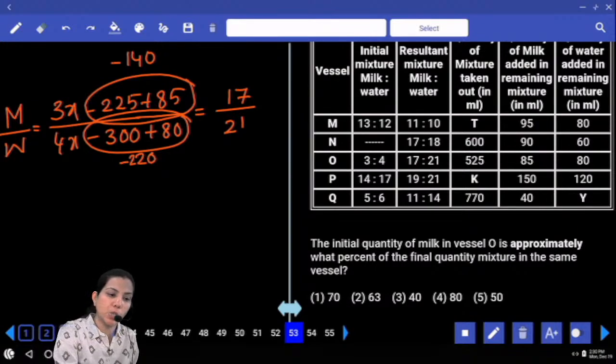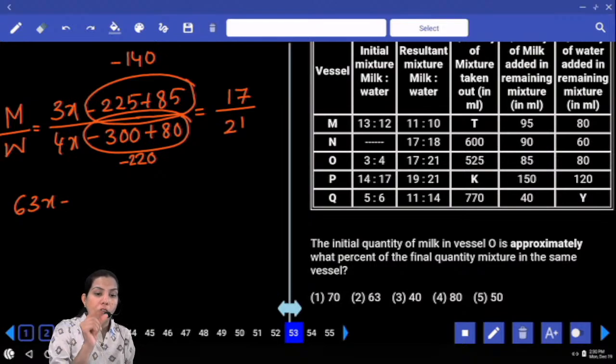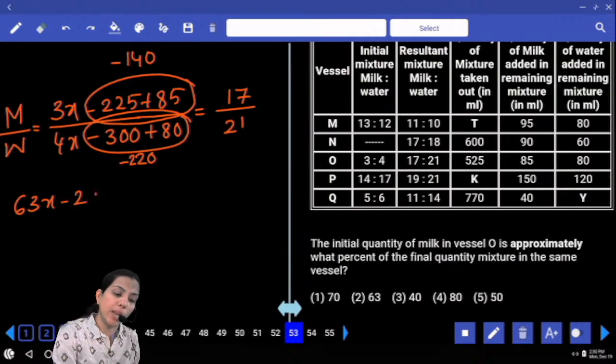Cross multiplication. 21 3s are 63x minus 21 into 140. 14 20s చేసుకుంటే 2800. ఇంకొక 140 యాడ్ చేస్తే 2940 వచ్చింది. 2940.